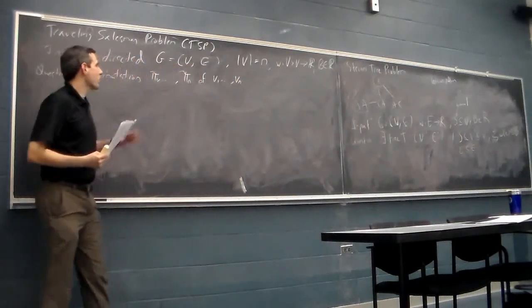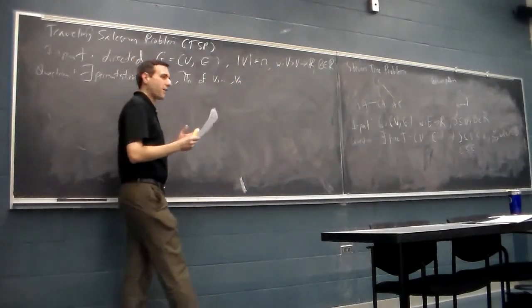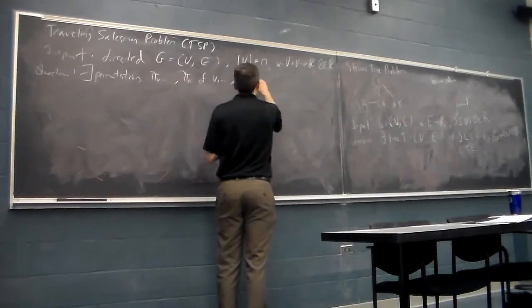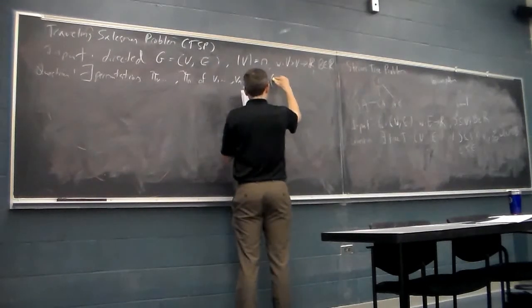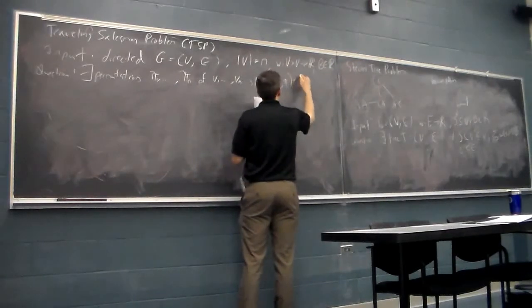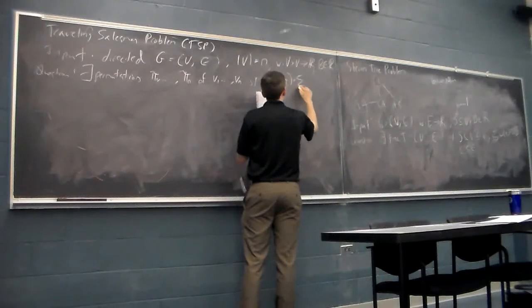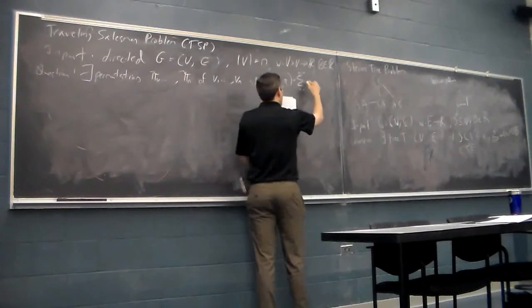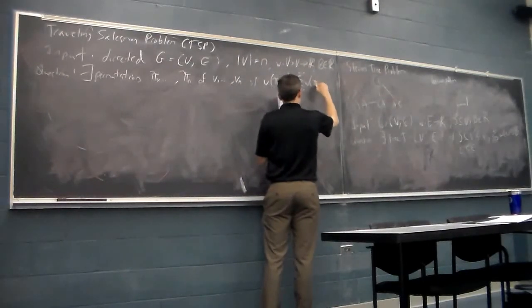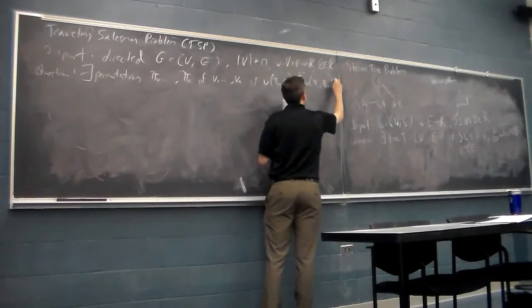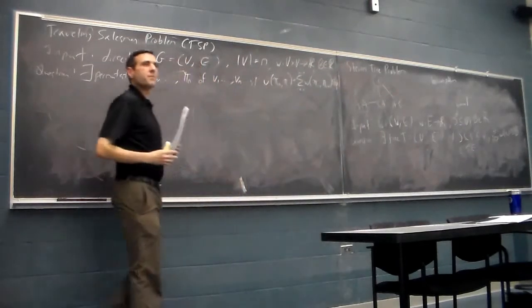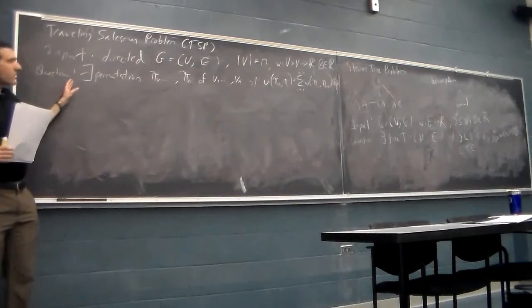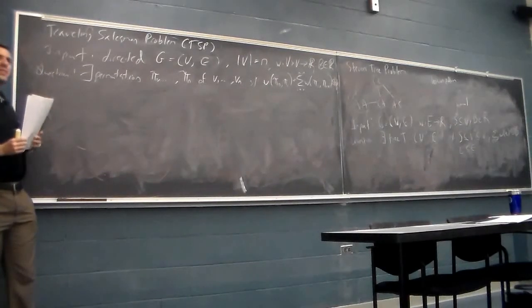So in other words, is there a rearrangement of the vertices in the graph, a reordering of them, such that the weight of the edge from pi n to pi 1 plus the sum of the weights, i equals 1 to n minus 1, of pi i to pi i plus 1 is less than or equal to the bound. So can anyone say in plain English what this is asking?